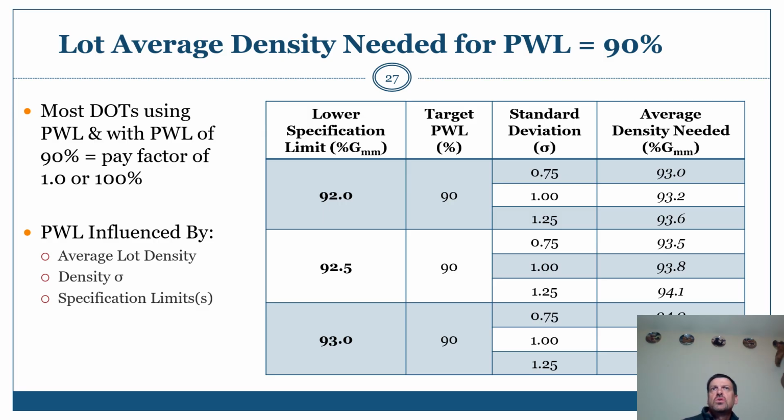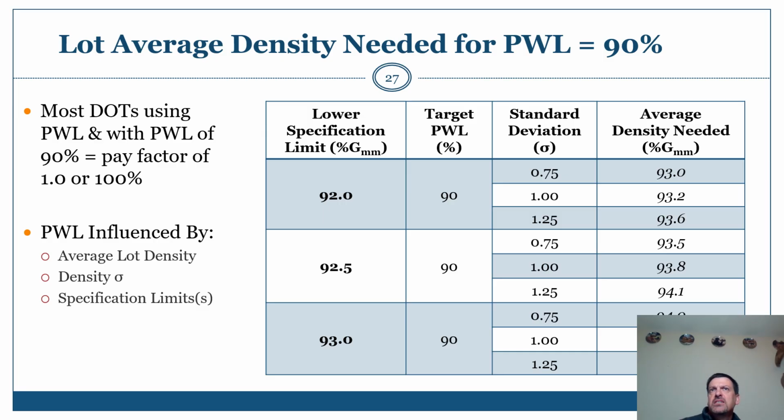So the point of this slide was to try to help folks recognize what influences PWL. And it's basically the lot average density and the standard deviation, or the variability. And that's all relative to the specification limits.